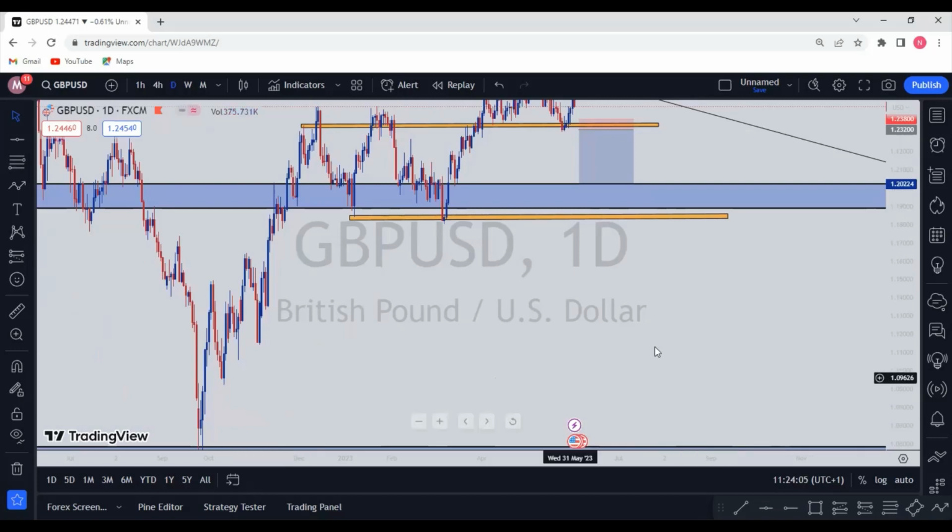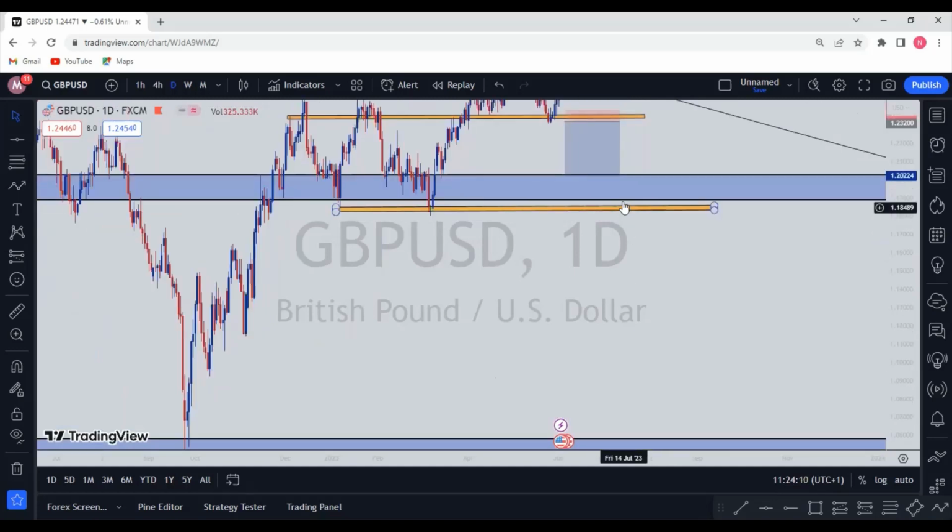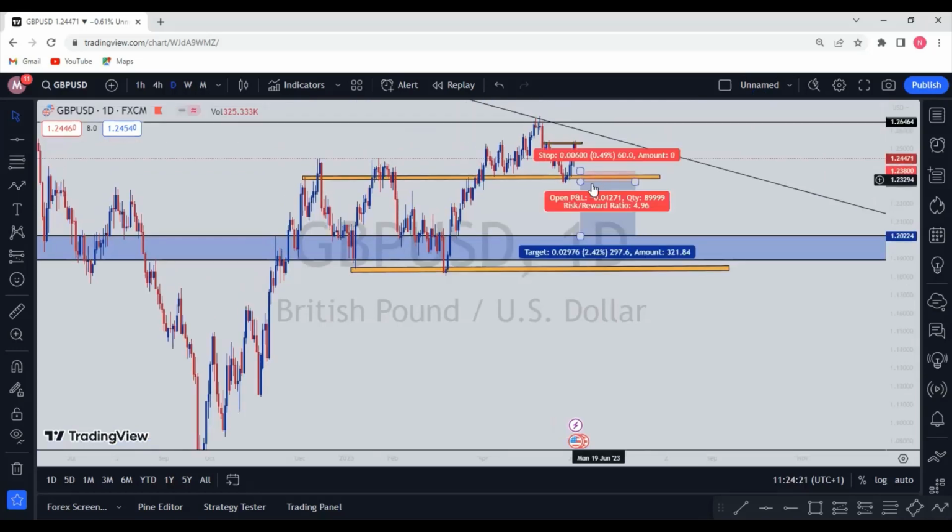But our overall target will be here once we break this yellow bar. If we break this yellow bar, obviously we will have broken below our key level. For the midterm, we should be anticipating a trade from these two down here, which is around 300 pips.